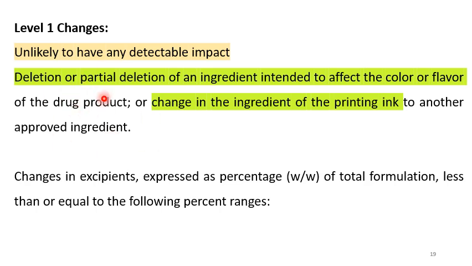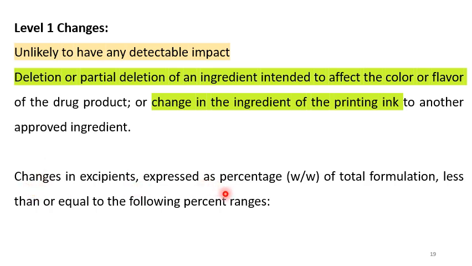So level 1 changes are very common changes, and these are unlikely to have any detectable impact, like you have changed the color of the film coating, or you have changed the color of the capsule shell, or you have added printing ink, or you started printing on the tablets or on the capsule shells. So it will have no impact on the formulation performance.